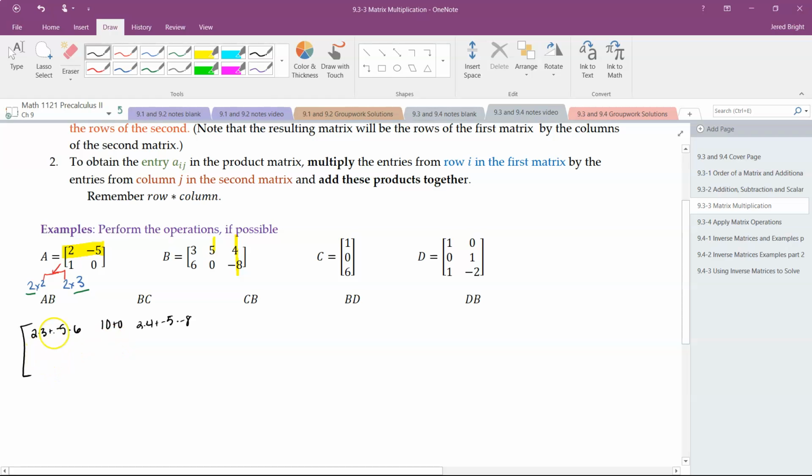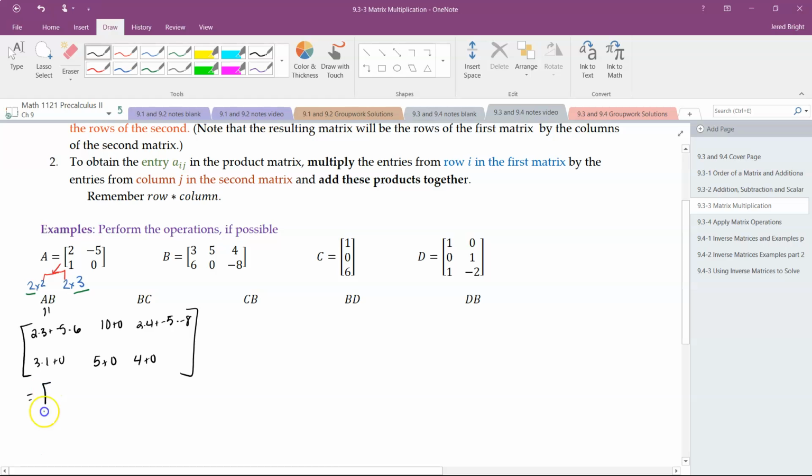And then we can continue in that way for the second row. I'm going to erase all the highlighting. So we'd have 3 times 1 plus 0, and it's kind of nice because all the other elements are going to have 0 in the second one. So it'd be 5 plus 0, and then 4 plus 0. That would be this matrix product AB.